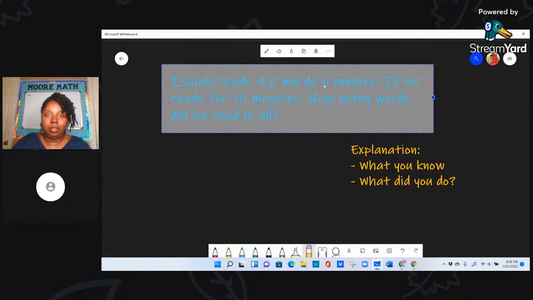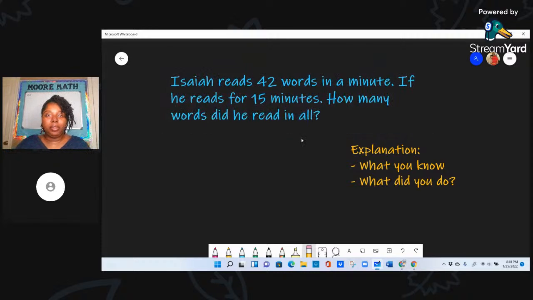Hold on. Let me just add that word so you know. So Isaiah reads 42 words in a minute. So every minute he reads 42 words. If he reads for 15 minutes, how many words did he read in all? So take a moment and I want you to solve this.